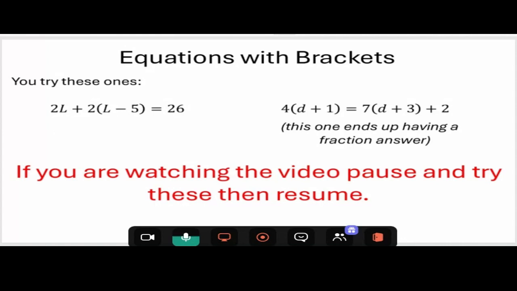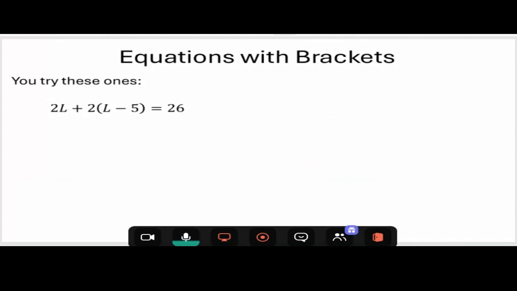This is the equation you end up building from that, and the only way to find the length and the width of the rectangle is to do some basic equation solving like we're about to do.